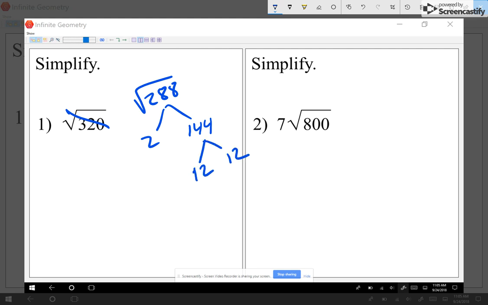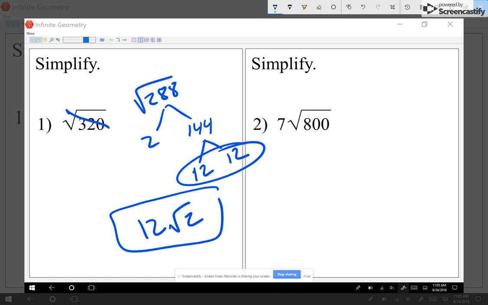I can split my 12s, but it's a group already. So I'm going to call this 12 radical 2. So when it's a group already, that's the number that goes out. Yes, groups go out. Oh, okay, I got it.